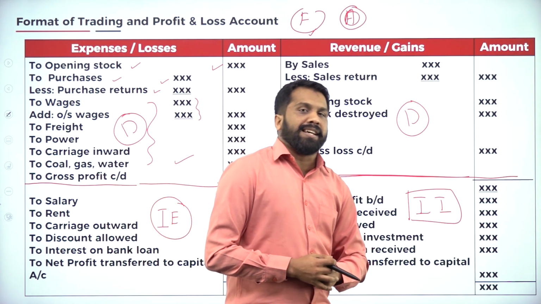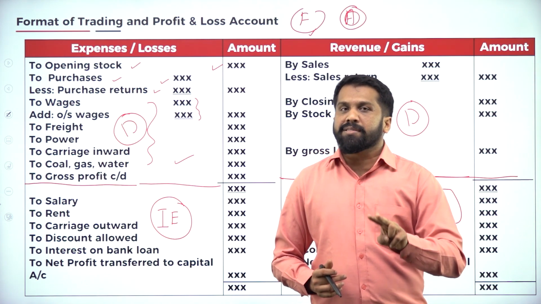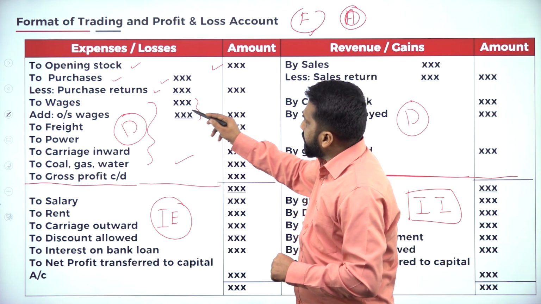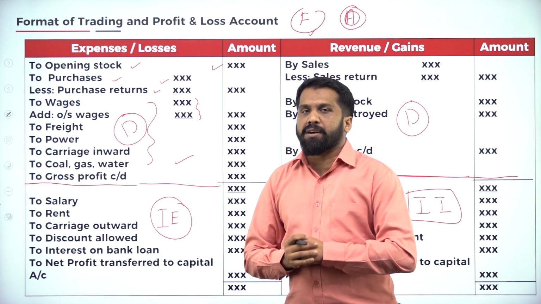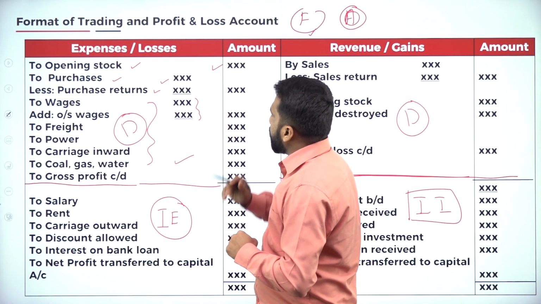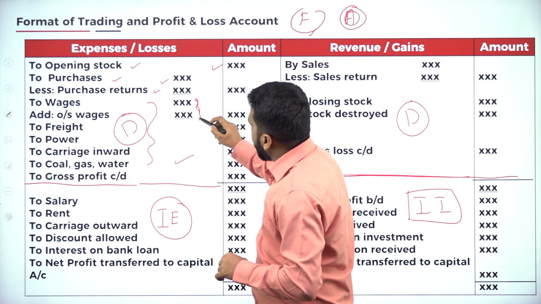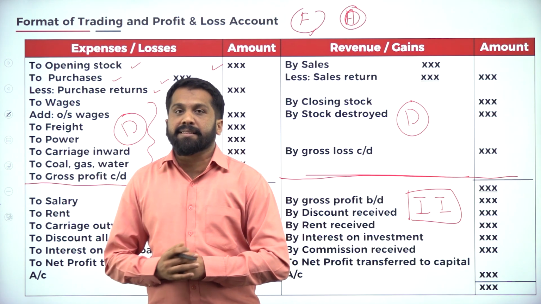Out of 10,000, 8,000 you have paid, but still how much is pending? 2,000. Now, your wages, we will write 8,000. So still how much you have to pay? You have to pay 2,000. 8,000 plus 2,000, we call it 10,000. Outstanding 8 plus 2, it is 10,000.